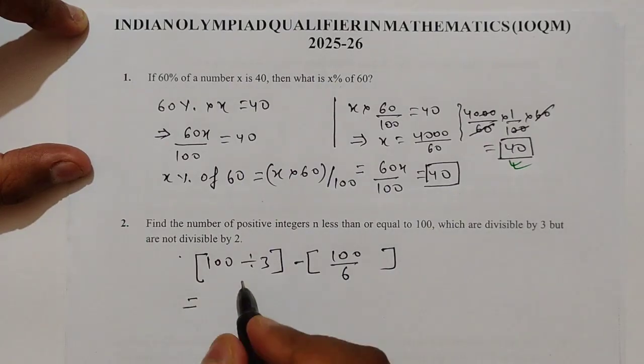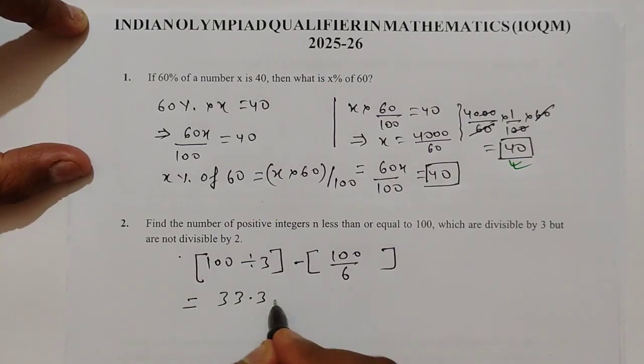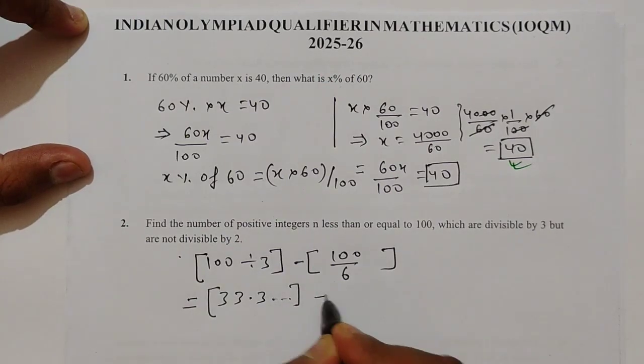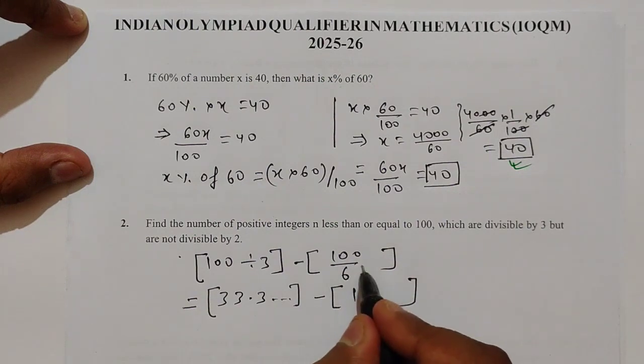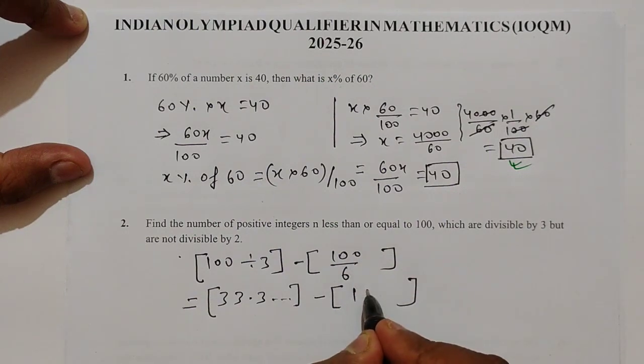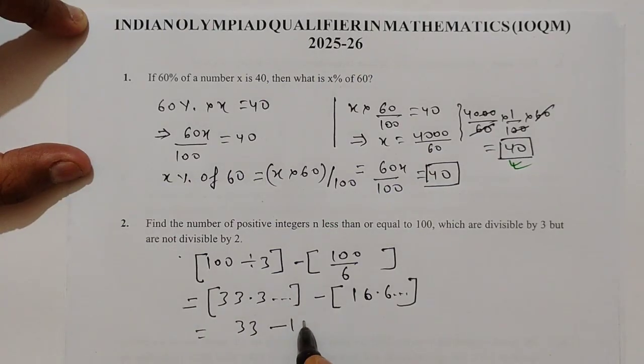So this is 33.3 minus 16.6 something, which is 33 minus 16, and this is equal to 17. So 17 is the solution.